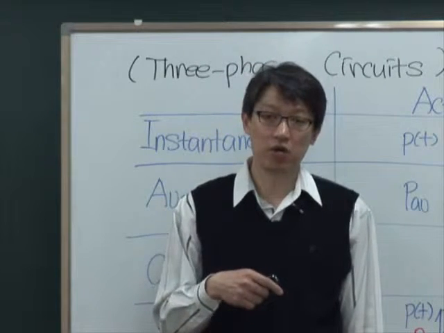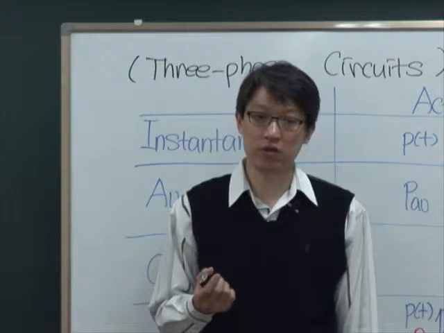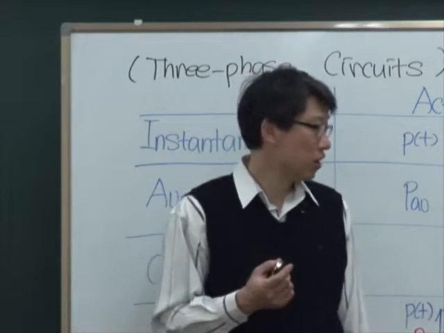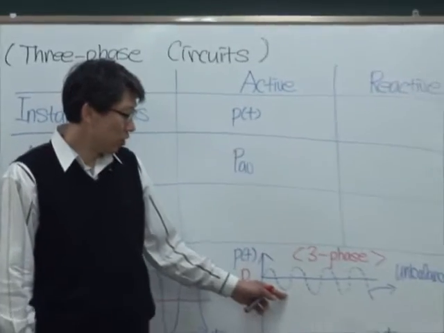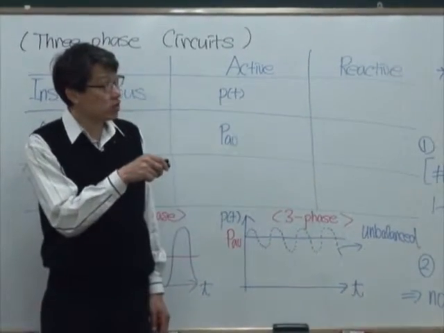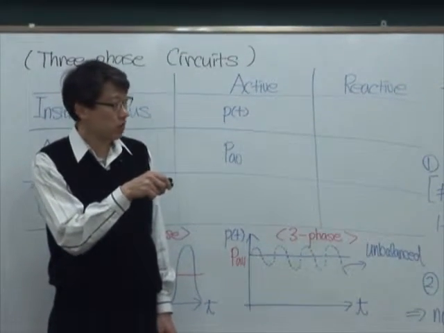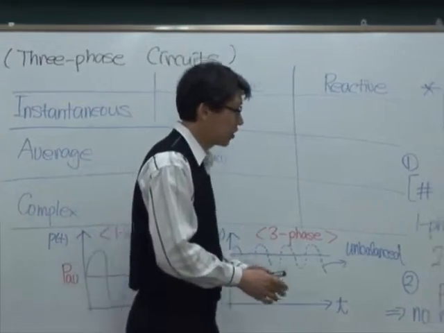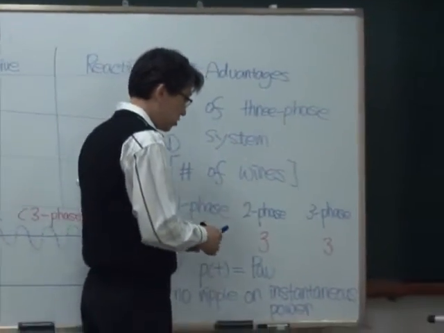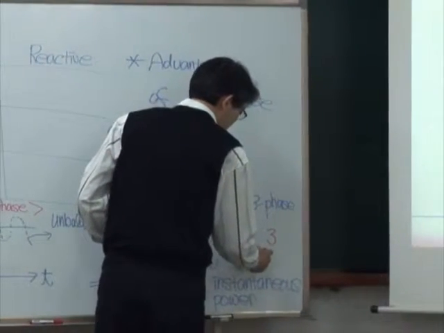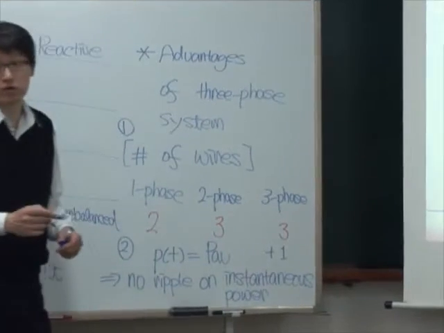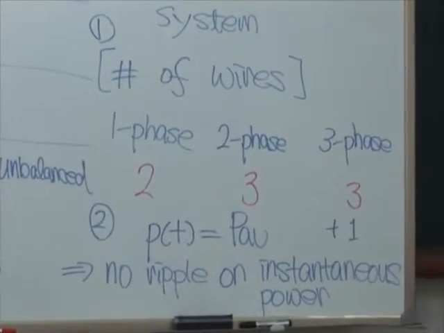But these days, if I look back at his comment, I think I completely agree with him on his point, because we need this neutral line, right? So the point that I said we only need 3 wires is wrong. Actually, we need one more line, the neutral wire. Why?